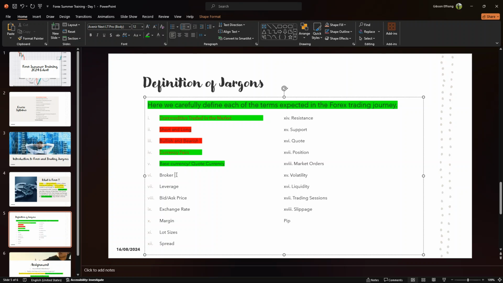So what happens? Merchant banks came up, like brokers did, so that they can offer you and I, the retailers, an opportunity to also utilize banking services. First Bank came into play in 1895 or 1896. After First Bank came Unity Bank, Access Bank, UBA, United Bank of Africa, a whole lot of them. Now we even have financial institutions coming in.